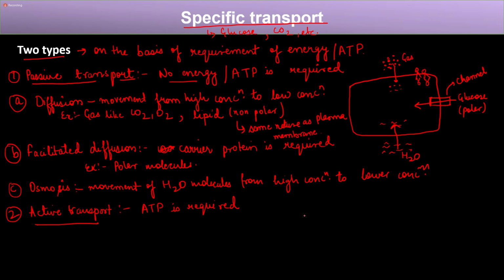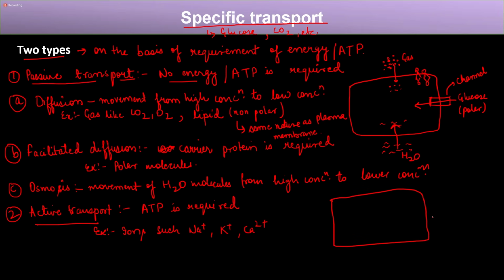In this case, the examples are ions, such as sodium ion, potassium ion, calcium ion. So the movement of these ions across the membrane requires energy.